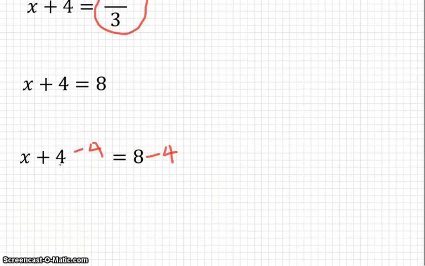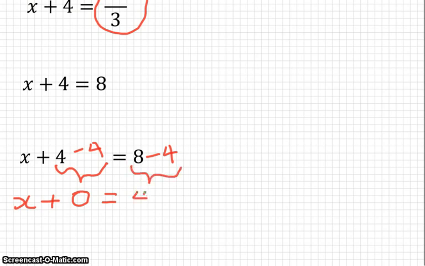So let's evaluate this. 4 minus 4 is 0. We have x plus 0 equals 8 minus 4, which is 4. X plus 0 is simply x equals 4. There is your answer.